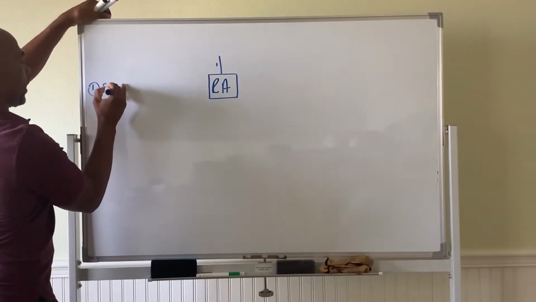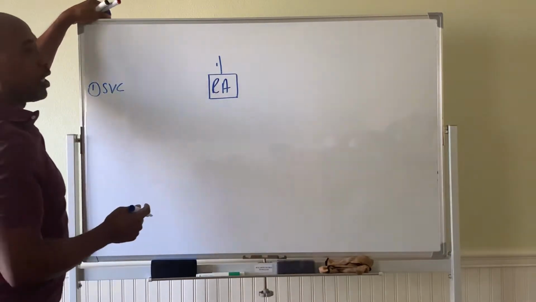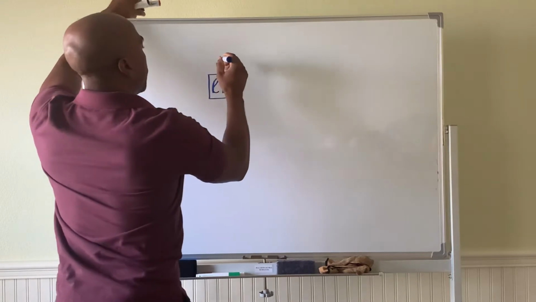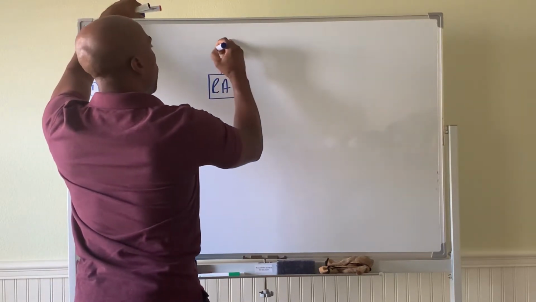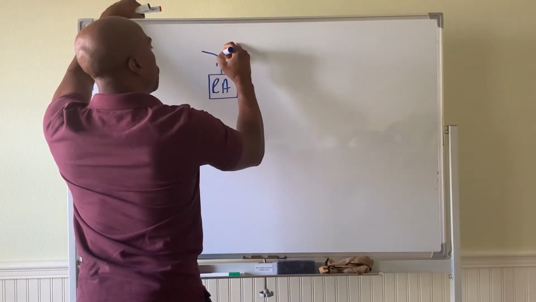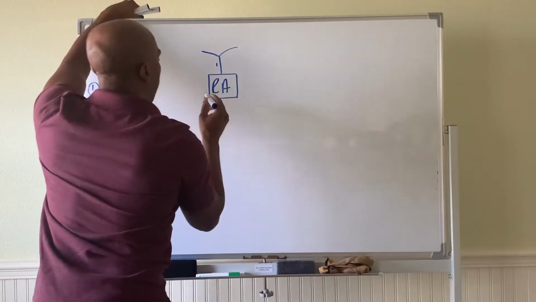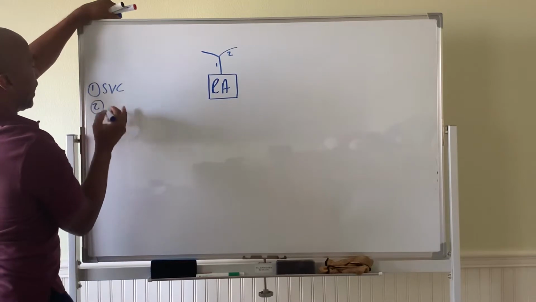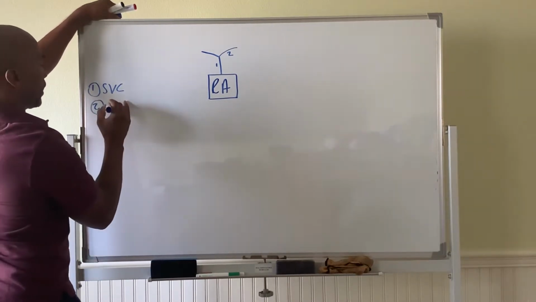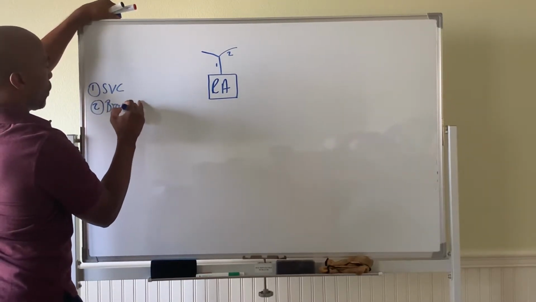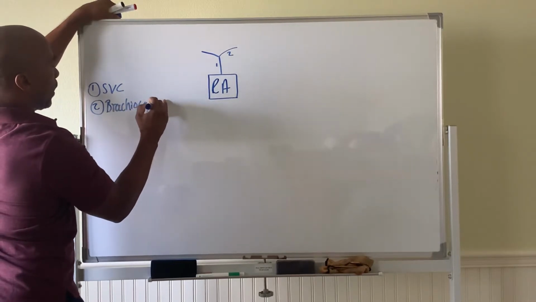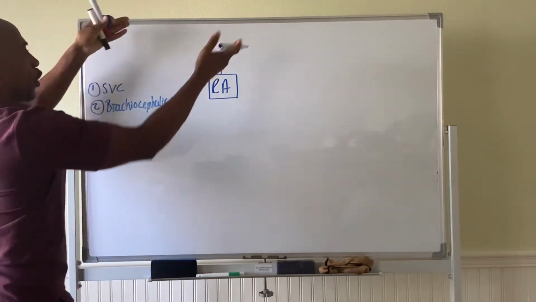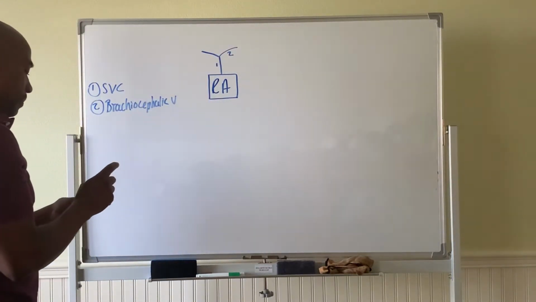The superior vena cava carries blood from the diaphragm up, back towards the heart. That superior vena cava is formed when two vessels merge. Those two vessels are the right and left brachiocephalic veins. The brachiocephalic veins merge to form the SVC.